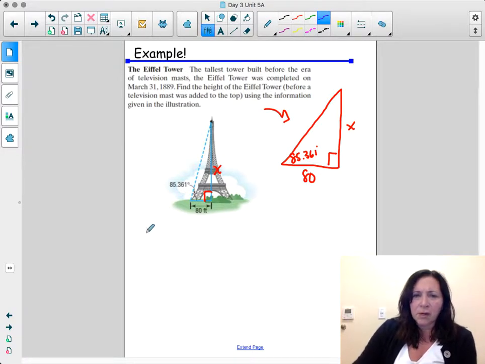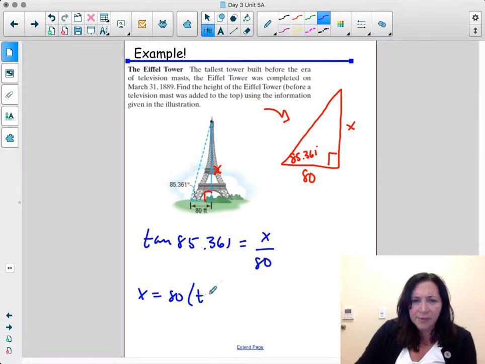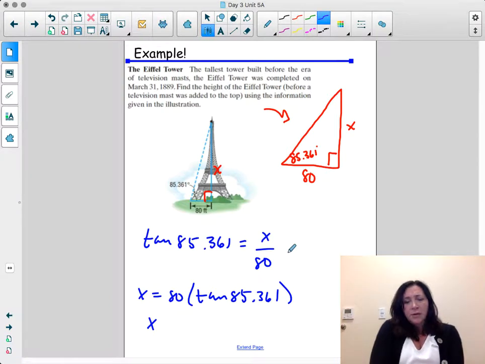So we're going to go tangent of the angle. Remember, the angle always goes after the word tangent, sine, cosine. So we have tangent is equal to x over 80. So x is equal to 80 times tangent of 85.361. That's my answer without a calculator.